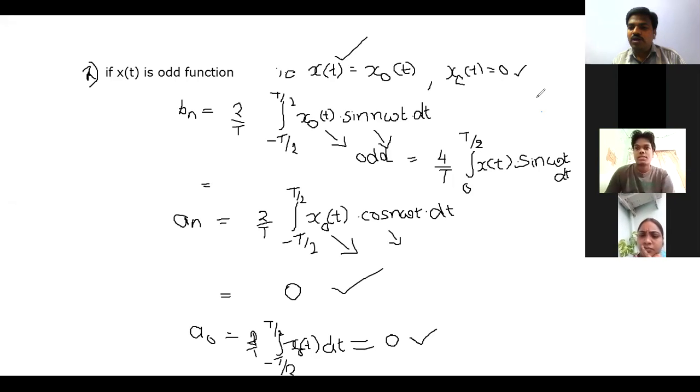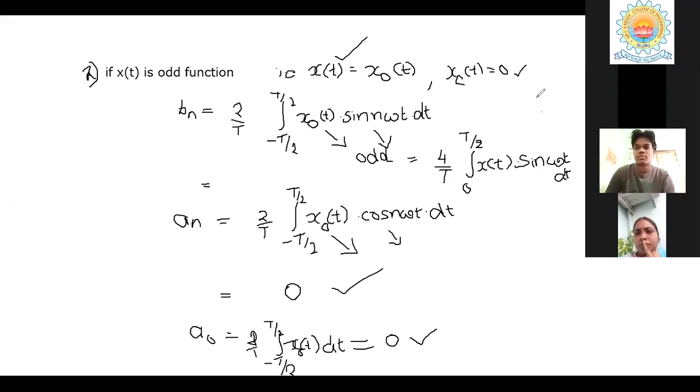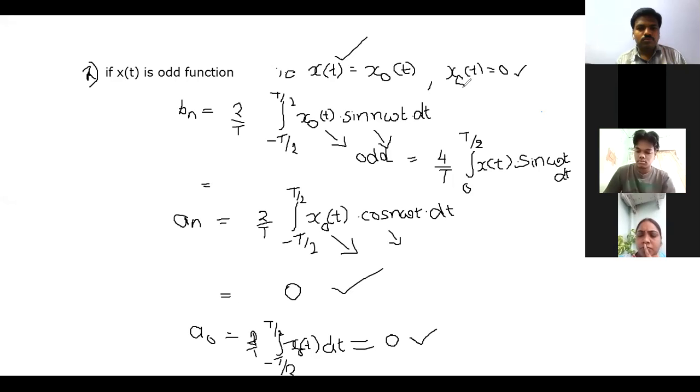Now we will move on to the next one. The next topic is the cosine representation of Fourier series.